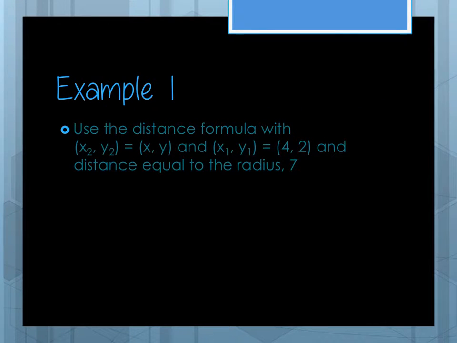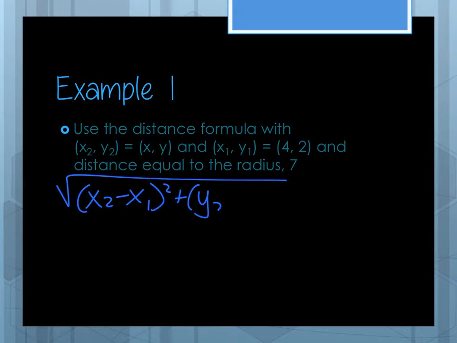Okay, so use the distance formula with x2 and y2 being x and y, and x1 and y1 being 4 and 2, and the distance equal to the radius, which is 7. So I'm going to plug this in to that distance formula as the square root of x2 minus x1 squared plus y2 minus y1 squared equals the distance.